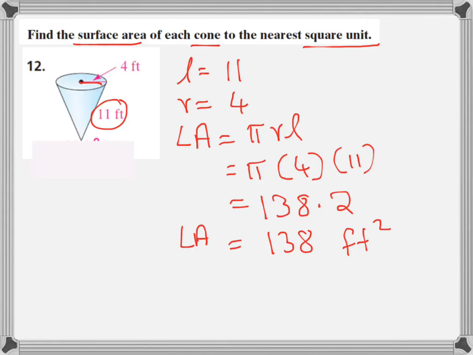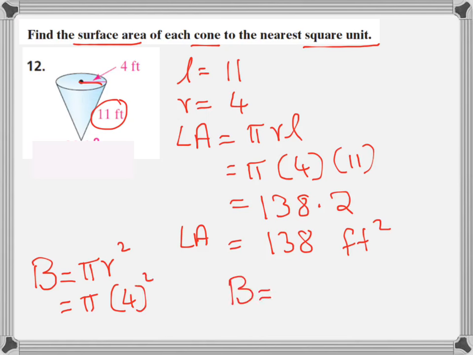Now, the formula to find the area of the base, and the base happens to be a circle, which is pi r squared. Pi times the radius is 4, so 4 squared. So B is going to be equal to 50.3.